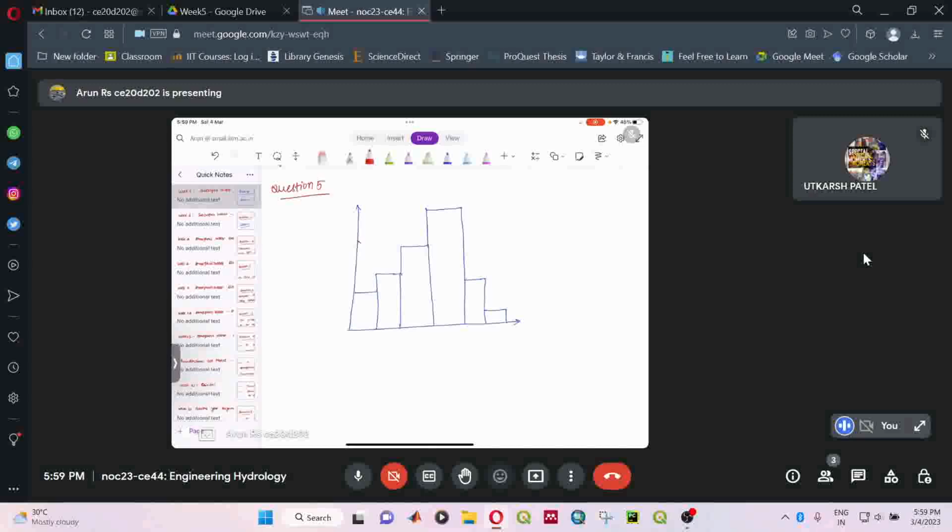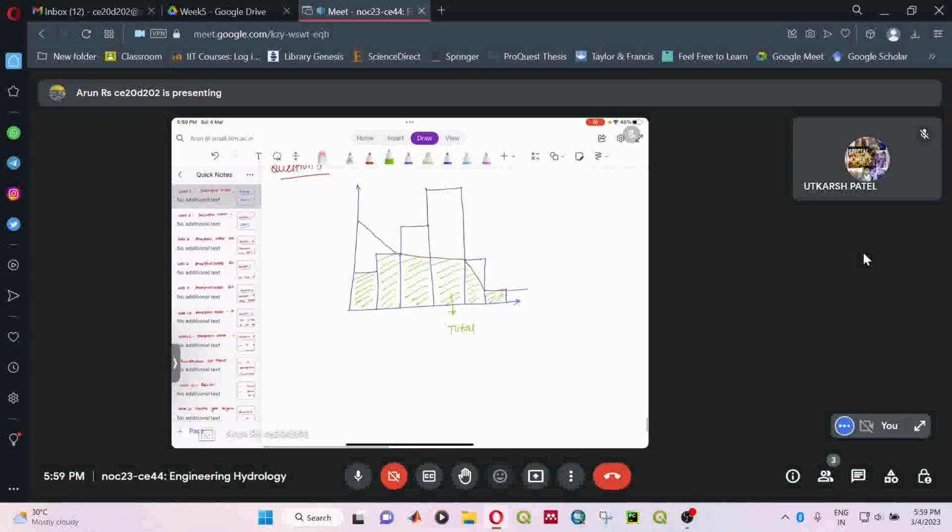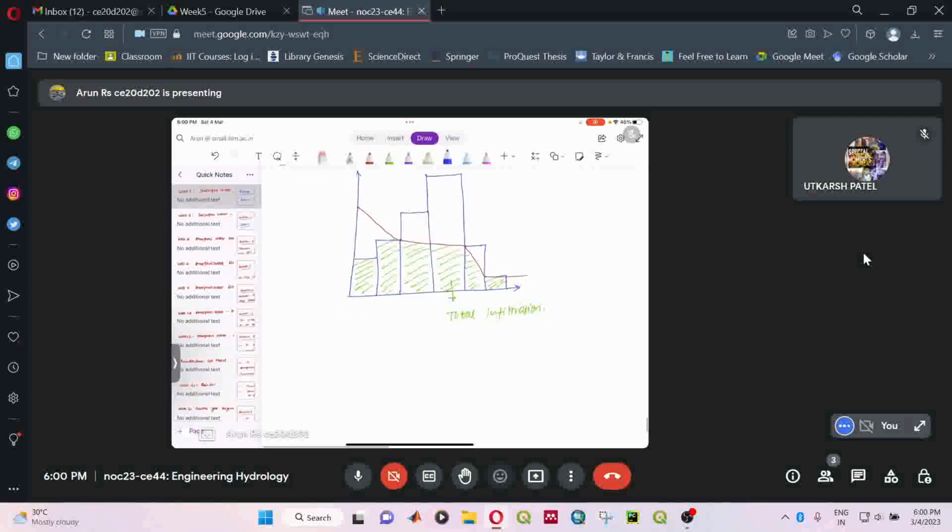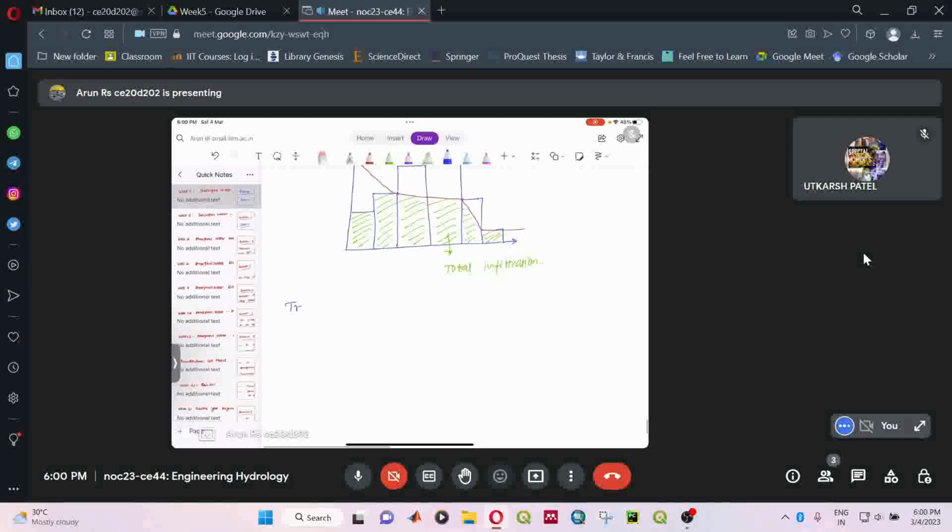So it varies something like this. So what we will do is we will find out the area under this curve. So we'll find out this hatched portion. So that is the total infiltration.